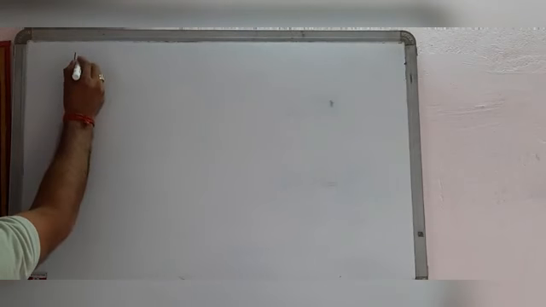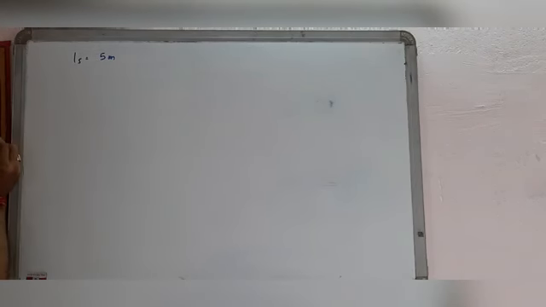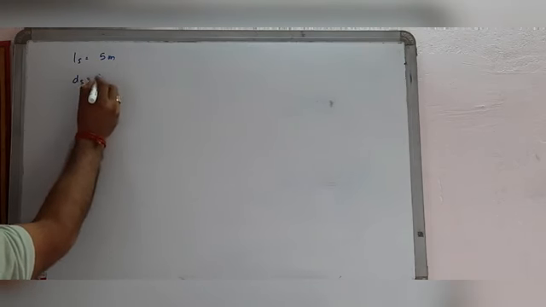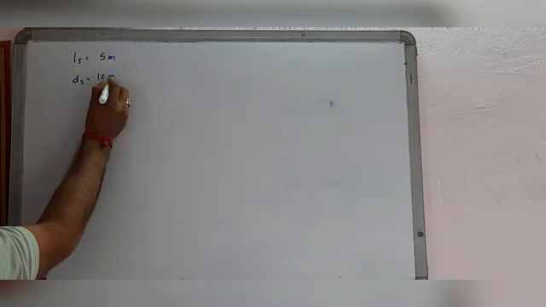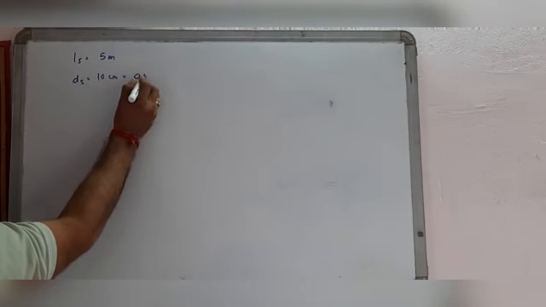Here the data given are length of suction pipe LS is given 5 meter, diameter of suction pipe DS is given 10 centimeter equal to 0.1 meter.